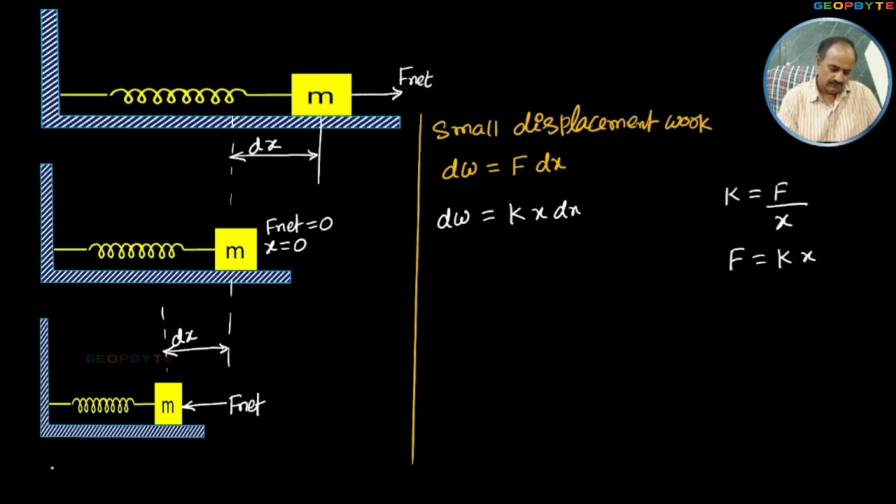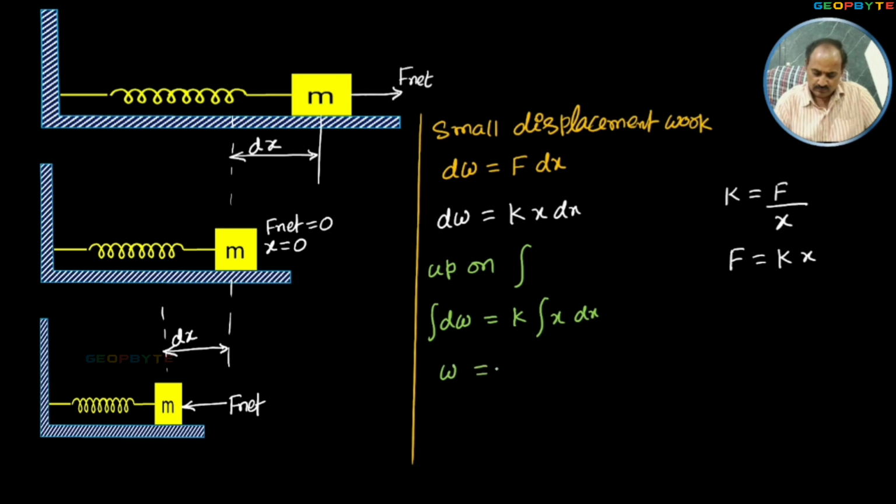For getting the total work, upon integration, integral dw equals k, a constant, times integral x dx. So W equals k x squared by 2. This is the work developed in the spring, k by 2 into x squared.